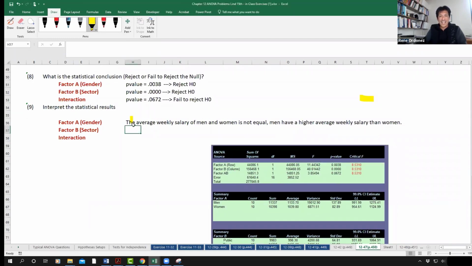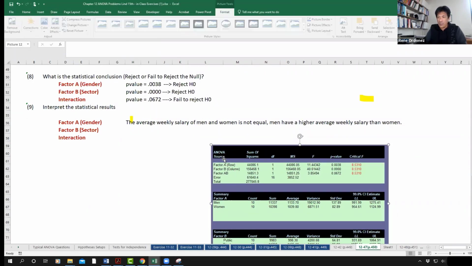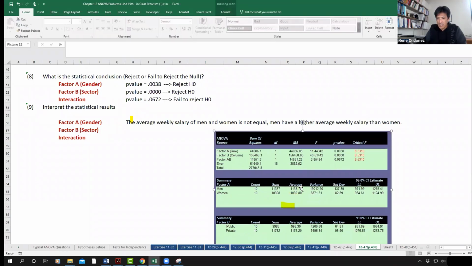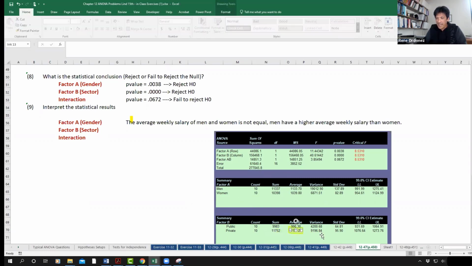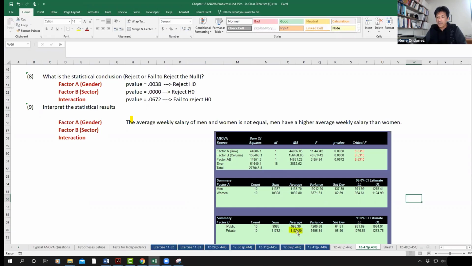How about for the sector? If we look at the sector, where is that? Over here. Private sector has a higher salary, 1175, compared to the public sector. Okay, so copy this down.